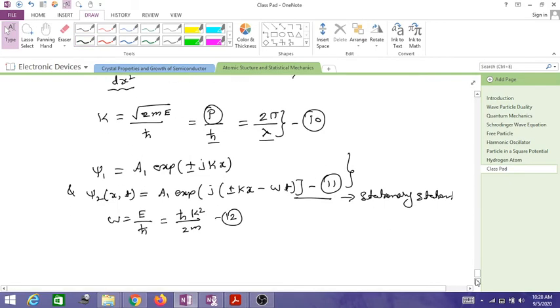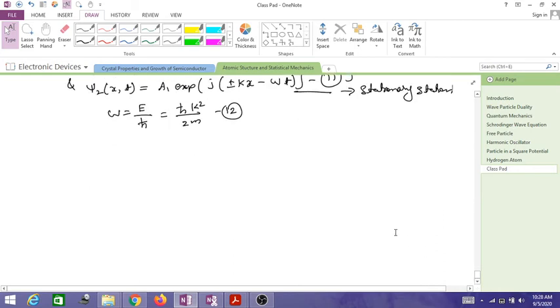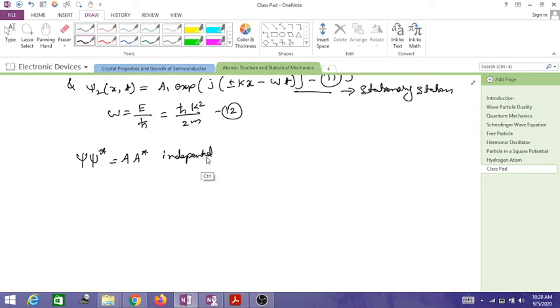So if you consider that in the last tutorial we had written the probability density function, that is the state function and its conjugate, can also be written as A into A conjugate, and it is independent of x and t, it means the direction and the time.